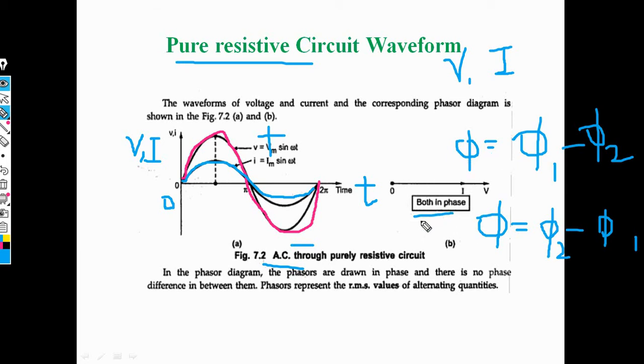This is the phasor diagram, where the voltage phasor and current phasor are both in phase. This is the concept of the pure resistive circuit.